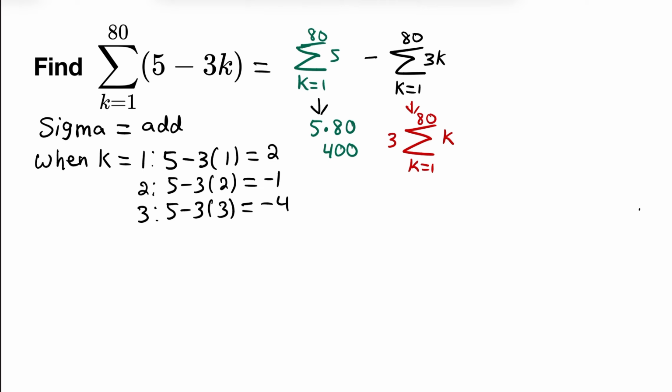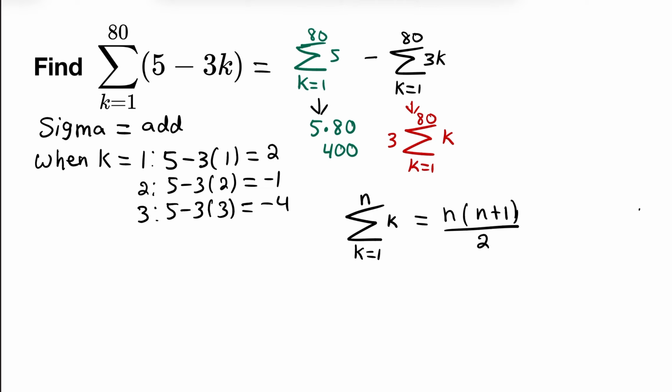Okay, so now we're going to use the formula for adding 1 through n. And so I'm going to write it as the sum of k, and I'm going to place n on the top because we know it's 80, right? And we have k equals 1 on the bottom. And we're going to set this equal to n times n plus 1 divided by 2.